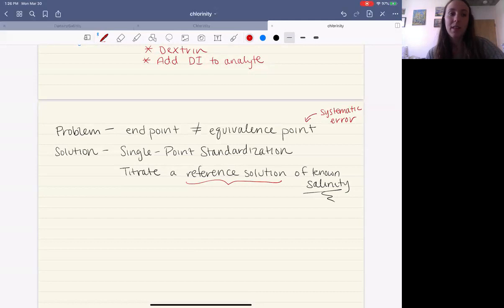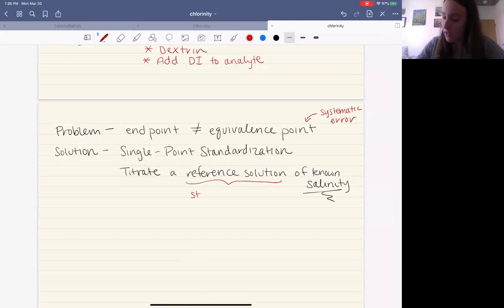And it's a solution that has the same matrix as seawater. It's considered the standard of seawaters, and people have done all of these experiments in the past to figure out all the different constituents of seawater, and they make this reference stuff. They sell it in little bottles for a lot of money. So again, bottled water industry making bank.